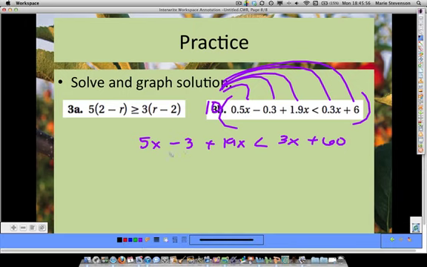Alright, on the left-hand side here, I can bring these two together. Now, since they are on the same side, I do not use inverse operations. I'll say it again. Since these are on the same side, I do not use inverse operations. So, I basically have a positive 5x and a positive 19x. So 5x plus 19x is 24x.